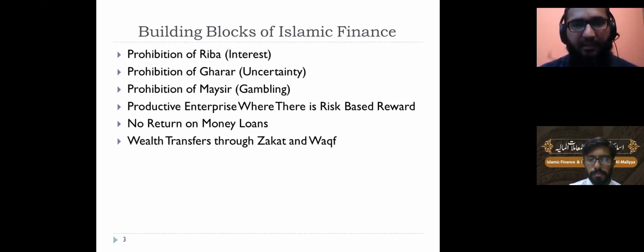There is allowance to have reward through economic activities in the marketplace, but it has to be a risk-based reward. So one reason why riba is prohibited is that it's not a risk-based reward. It's just a guaranteed amount of profit that a person gets by simply loaning out money.